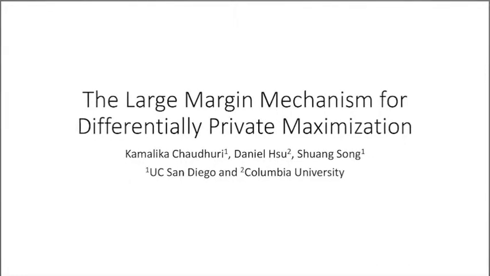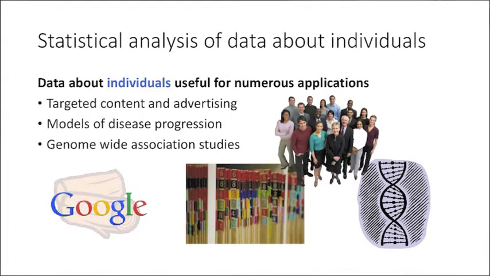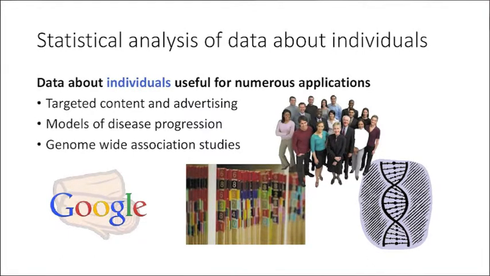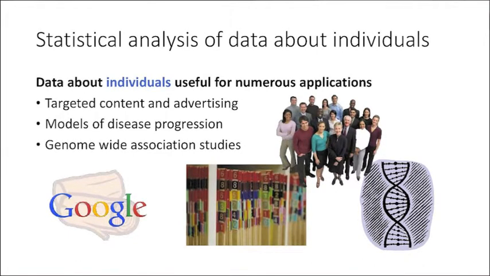Okay, so I'm sure everyone knows by now that there's a lot of data that's useful for many different applications, and a lot of times this data is actually about individual people. For instance, maybe you collect their behavior on the internet, or information about their medical profiles or their genetics, and these can all be used for a lot of different applications.